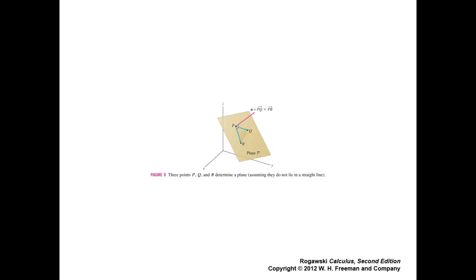Things like that are called traces. Okay? The intersection of a plane P with a coordinate plane or a plane parallel to the coordinate plane is called the trace. The trace is a line unless P is parallel to a coordinate plane, in which case the trace is empty or it's a whole plane.